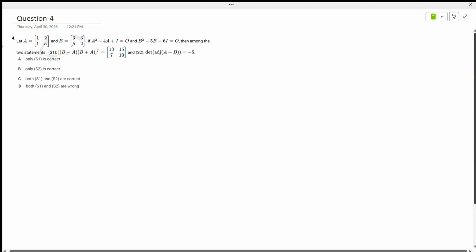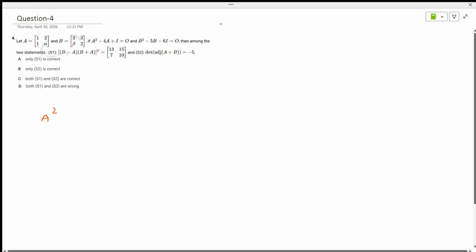So let A be a 2 cross 2 matrix. B is also a matrix. There are two equations. Then among the two statements, okay, this is a statement type question. So first let us look at this first equation.